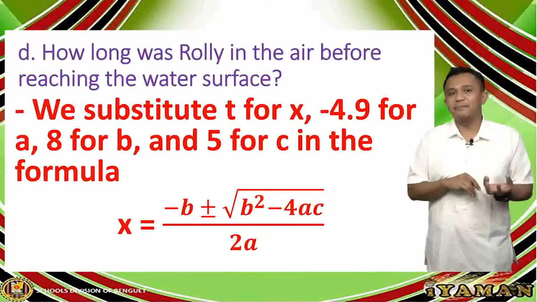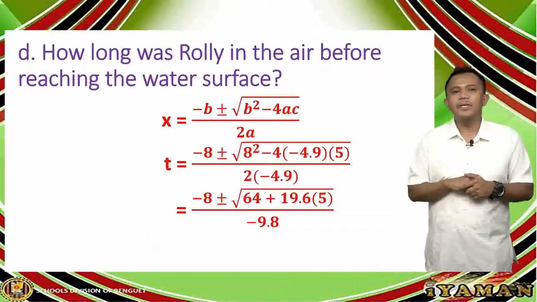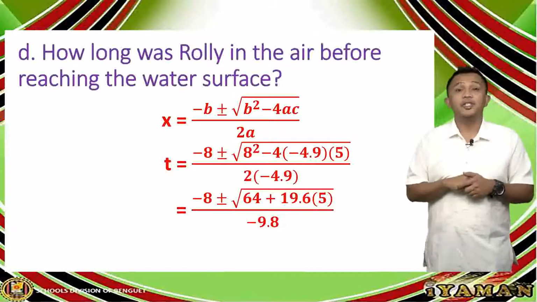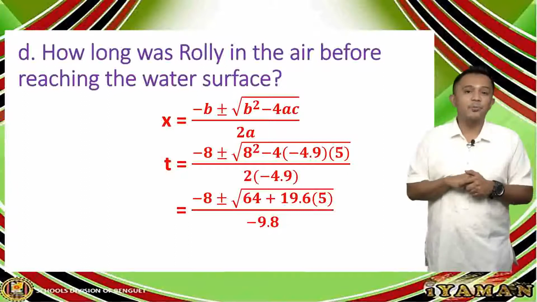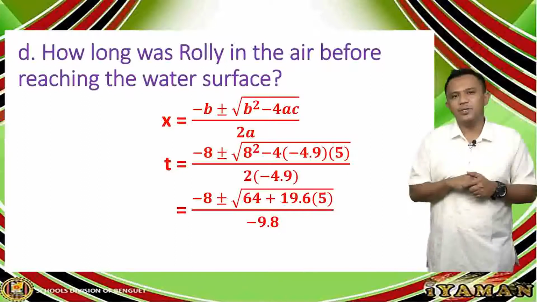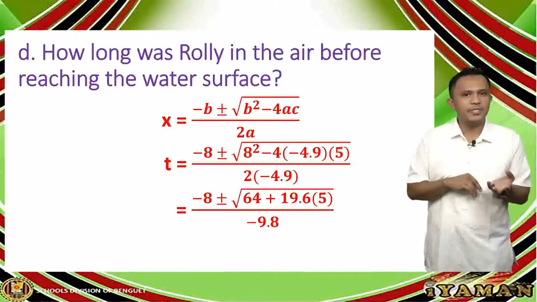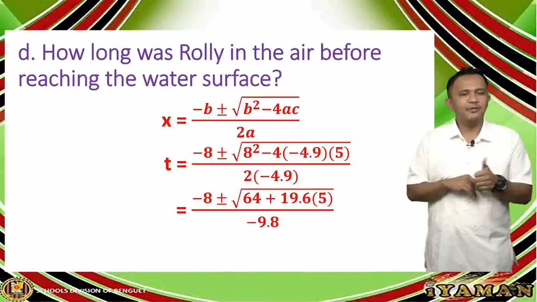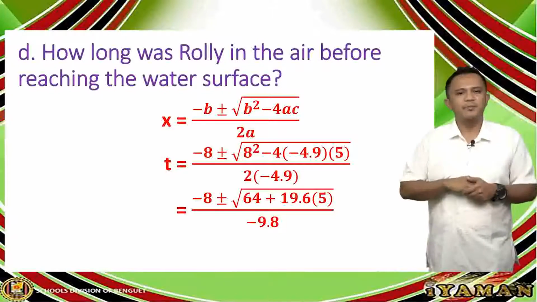So let's do that. So that will now become negative 8 plus or minus the square root of 8 squared minus 4 times negative 4.9 times 5 all over 2 times negative 4.9. Now, you have to inspect first if our substitutions are correct. So, if you're done and you found it correctly, let's move on.